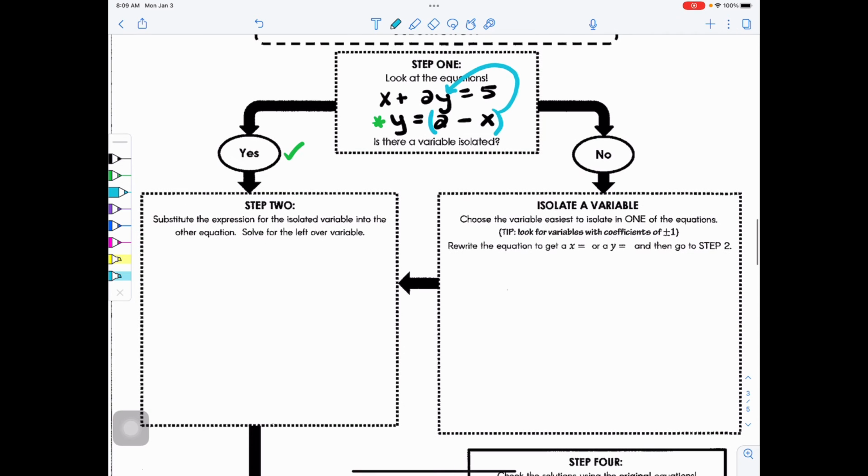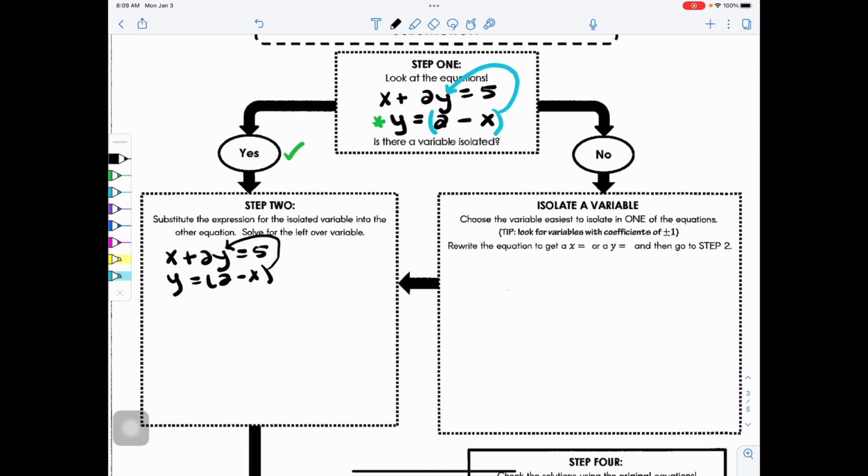So this first equation, we'll rewrite it here: x plus 2y equals 5, and we had y equals 2 minus x. So 2 minus x is going to go in the other equation in y's spot.